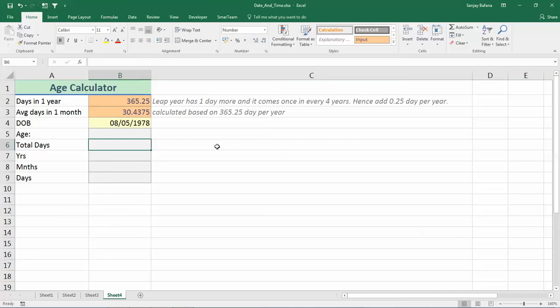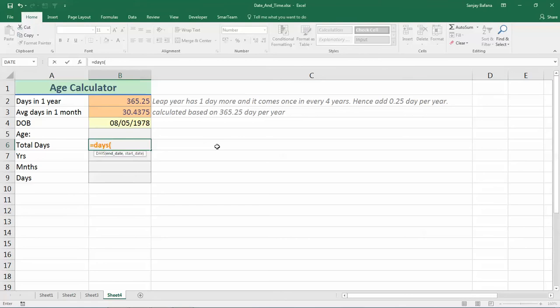So first of all, we want to calculate total number of days. Okay, so how can we calculate days? We can use the formula DAYS and the end date. So end date, we want to calculate the age as on today. So the end date should be today's date.